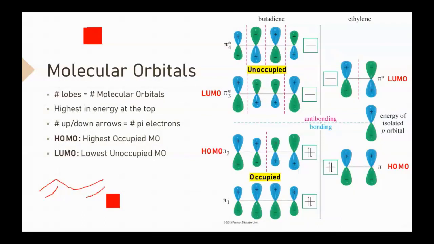So you have 1, 2, 3, 4. That's how you can tell which one is your HOMO and LUMO. HOMO means highest occupied molecular orbital, and LUMO is lowest unoccupied. Highest occupied just means the highest energy that has electrons on it. So even if this is just 1, it's still an occupied molecular orbital. LUMO is if it doesn't have any.